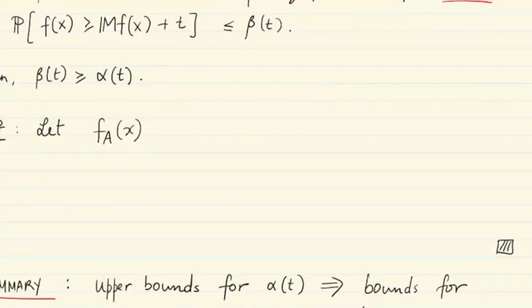For any given set A, we can define a function f_A of x as the distance of x from the set A. It can be easily checked that f_A is Lipschitz continuous.